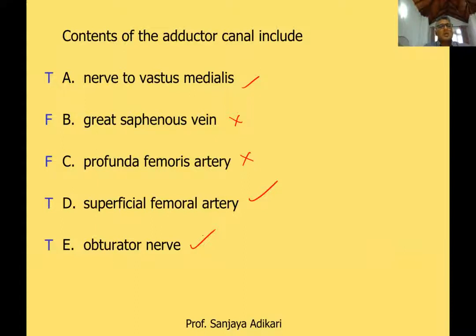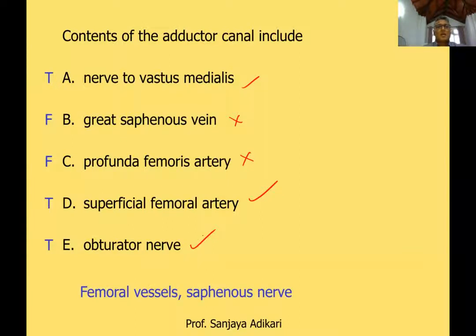Posterior division, it's true. It's a very short distance, it can be there in the adductor canal. I used to mark it wrong, but then students argued that it has to be there, and certain textbooks say that it is a content of the adductor canal at the end. So you have to mark it correct if it is the posterior division. Then the femoral vein and the saphenous nerve are other contents.